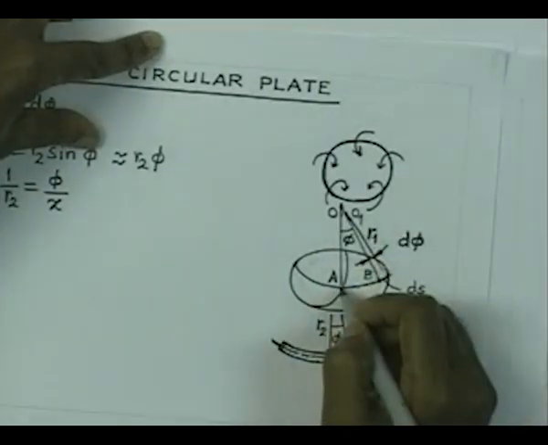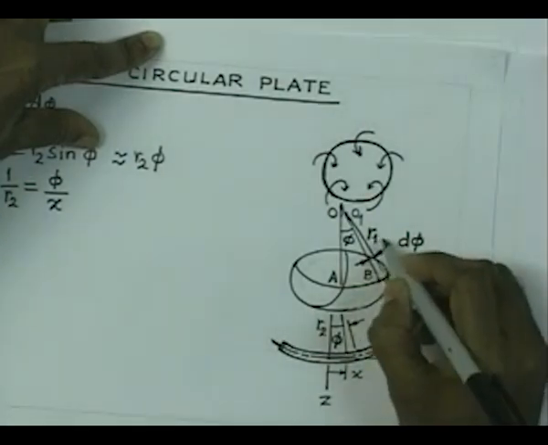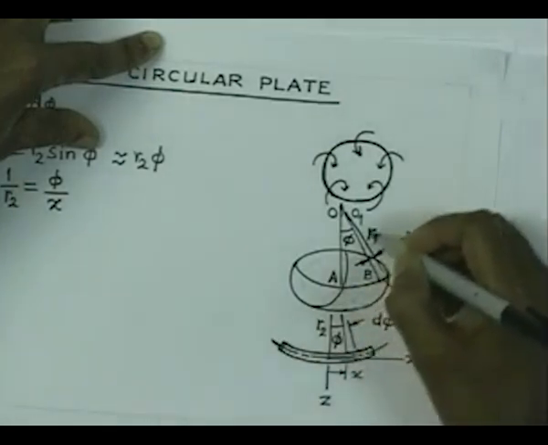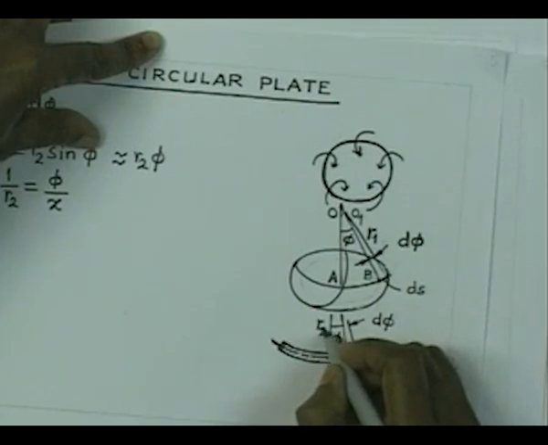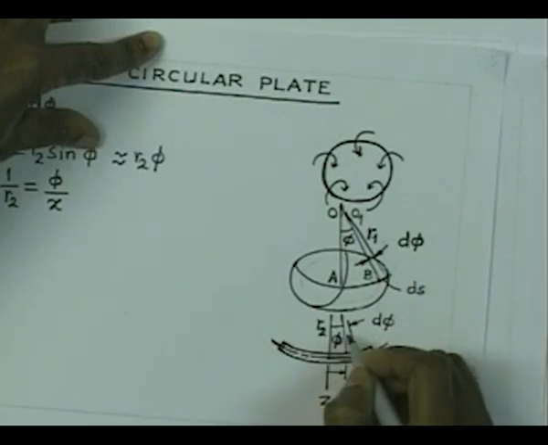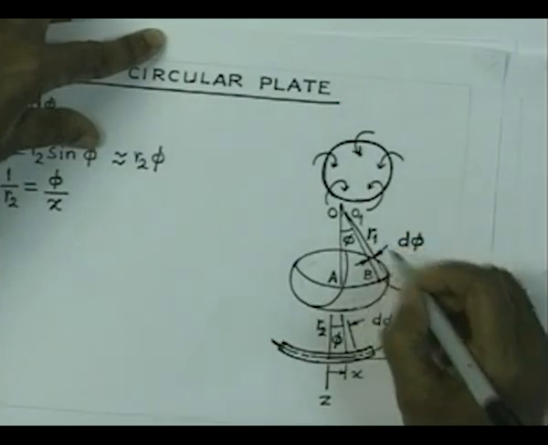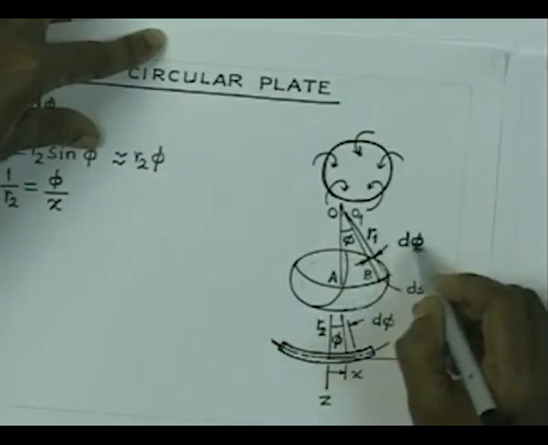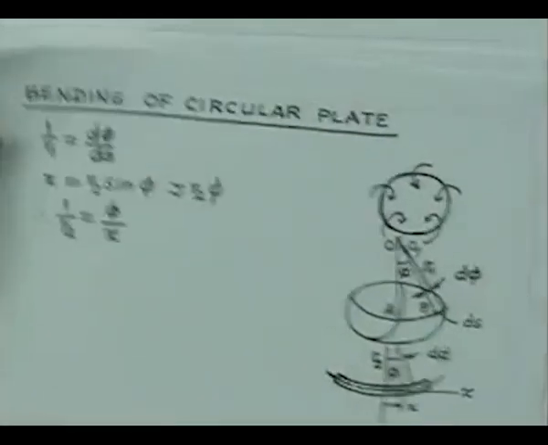If you consider that this is z direction, so in the xz plane, we are considering the curvature to be r1, and this is y direction. So, therefore, in the yz plane, the curvature is r2. So, this is the curvature r2, which is phi by x, and this curvature r1 is nothing but, if this portion is ds and this angle is d phi, then d phi/ds. So, we have already got those.